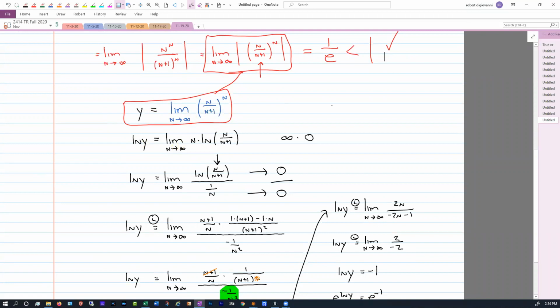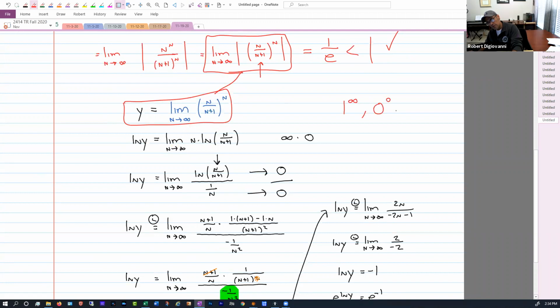Whenever you take a limit and get 1 to the infinity, 0 to the 0, infinity to the 0, those are all indeterminate forms. It's not everything you can think of. If you do infinity to the infinity, that's just infinity. If you do 1 to the 0, that's just 1. So that doesn't work. It has to be an indeterminate form.